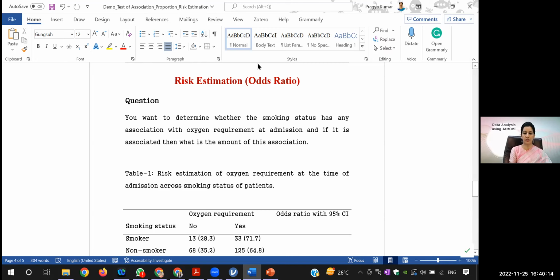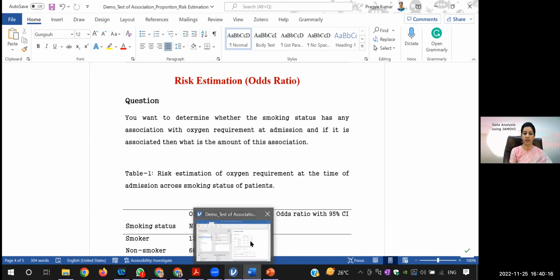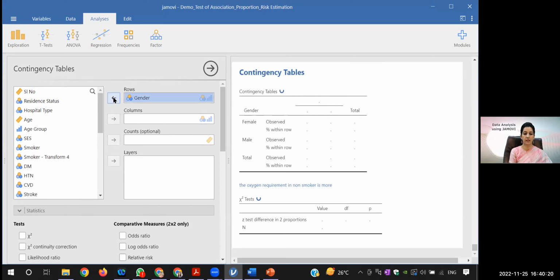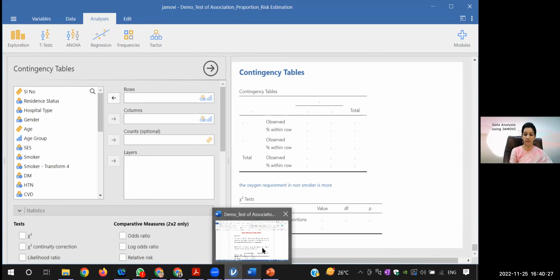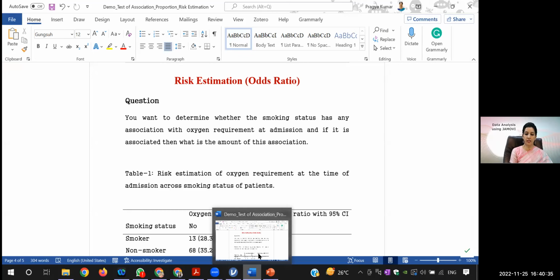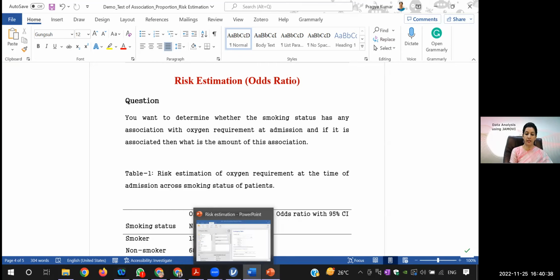So again, what I will do is go to Jamovi. In this case, I will move smoking and oxygen requirement. And the question is, again, I have to read the question. I have to see whether the smoking status has any association with the oxygen requirement. So oxygen requirement is my dependent variable.